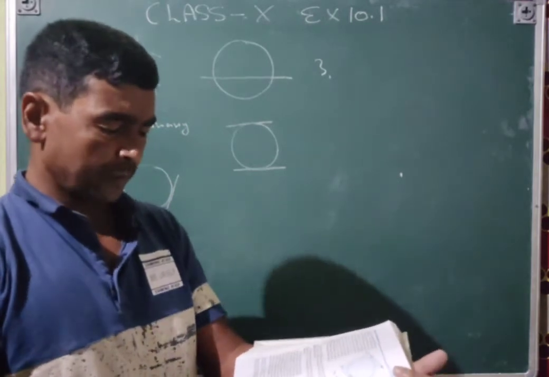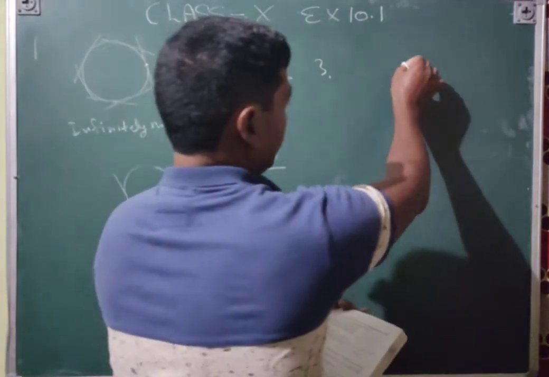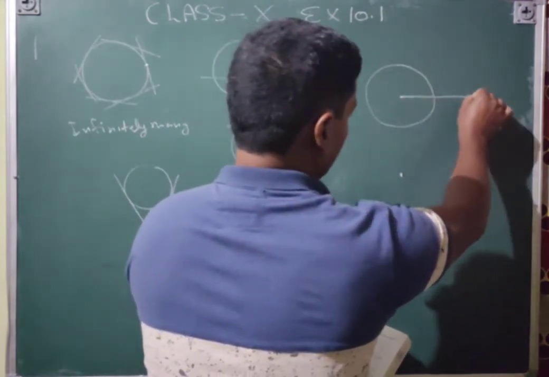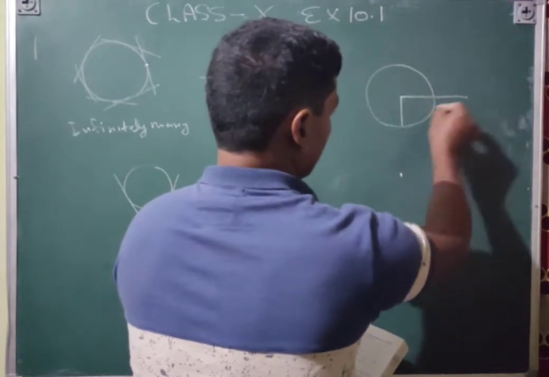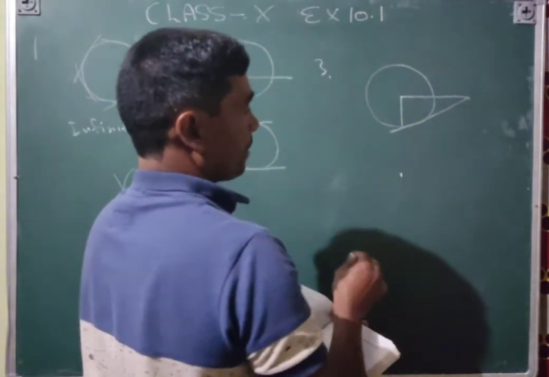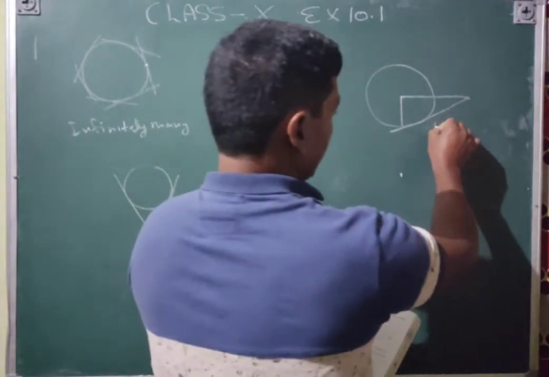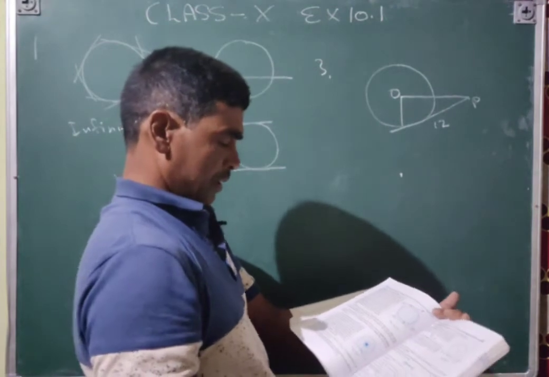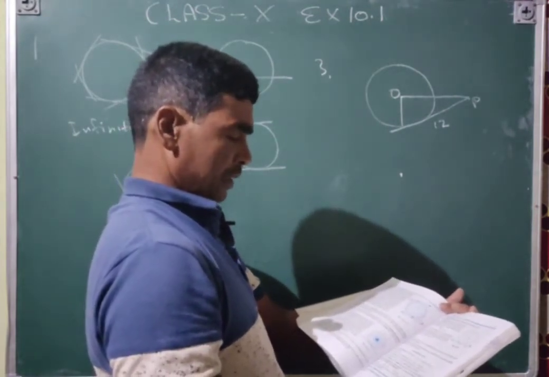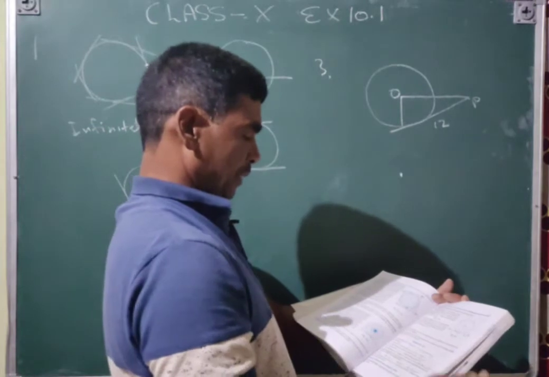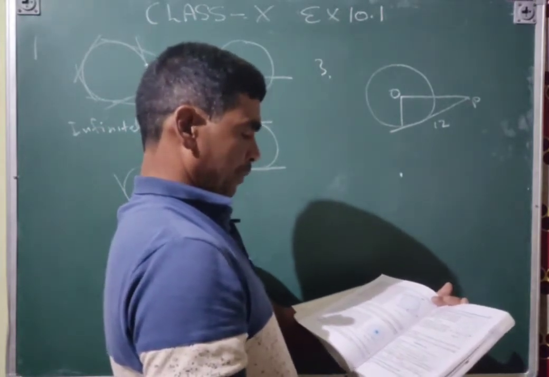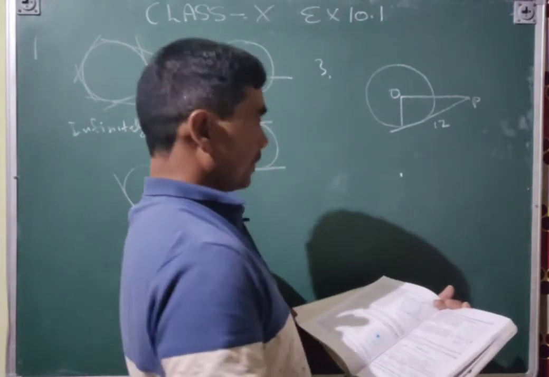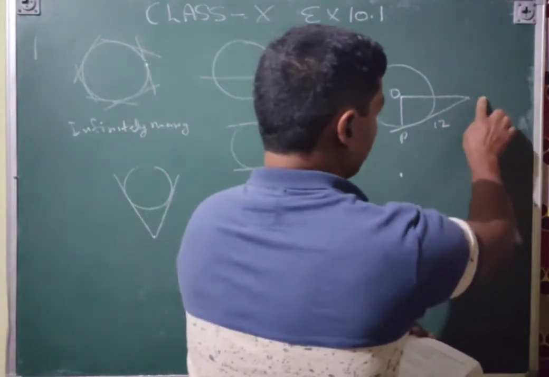This is the circle, this is the radius, this is the contact point of the tangent. This is the given 12, this is O, this is P, and this is Q.